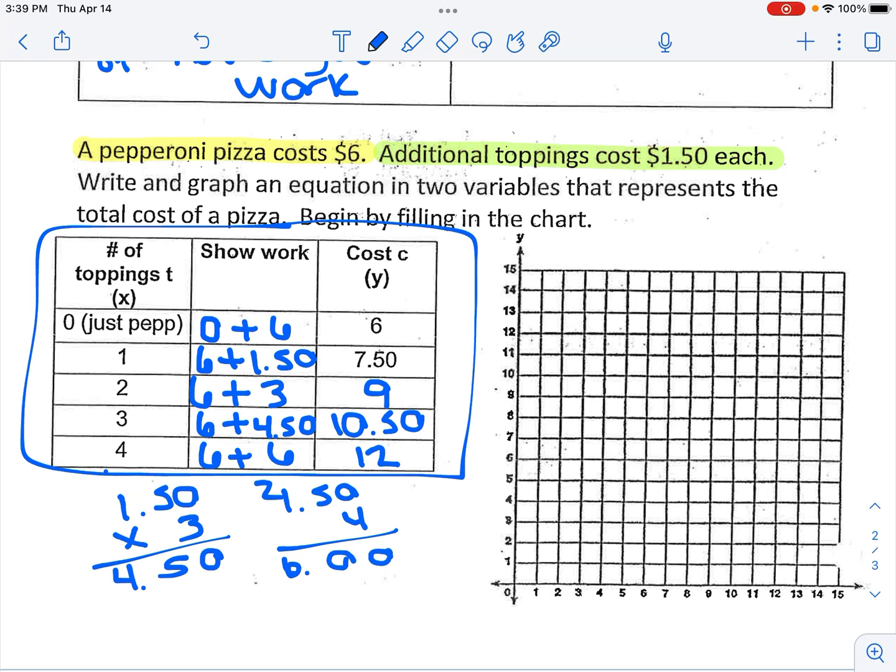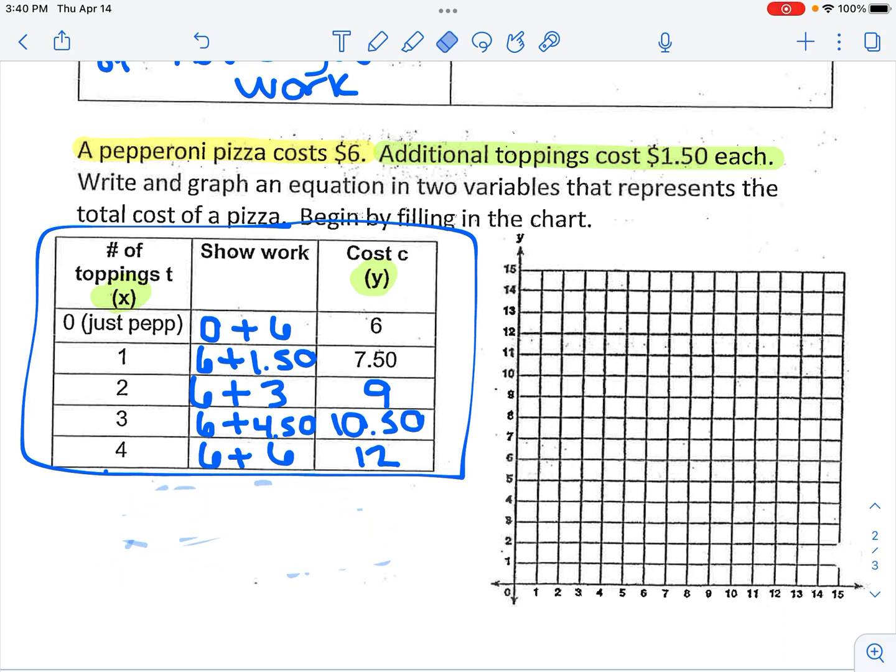All right, so look carefully at what these are labeled in here. See how this says X and this says Y? Those are going to be our ordered pairs when we go to graph. So I'm going to erase the math that I did down here. And what I'm going to do is take my 0 toppings and my $6 cost and turn that into my first ordered pair. If I get 1 topping, I owe $7.50.